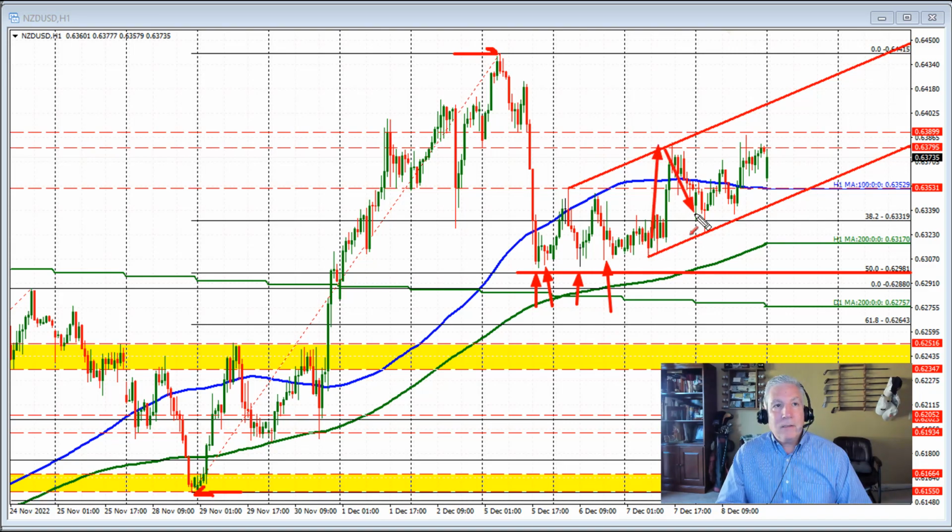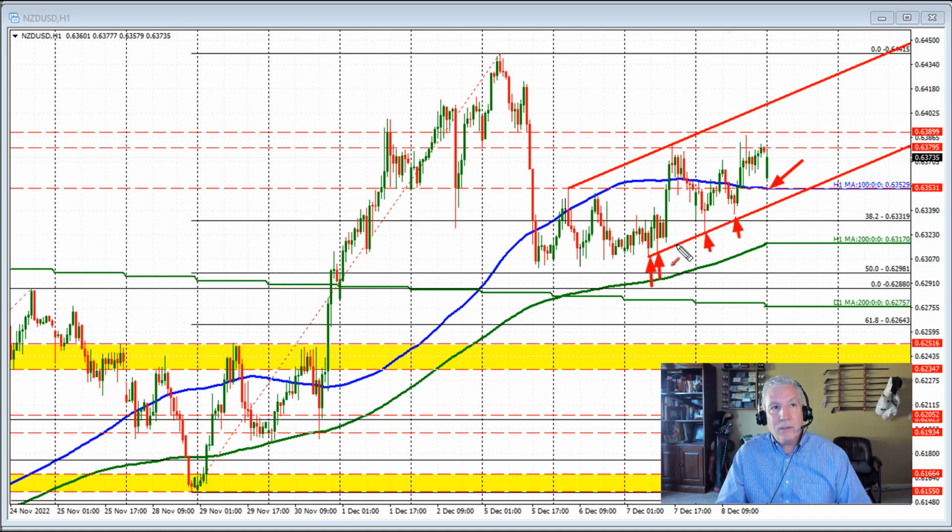Admittedly, seeing some choppy moves to the upside, but what gives the pair a little bit more of a bullish bias is the move above the 100-hour moving average, and that's what we're going to be watching on the new trading day. If the price can stay above that 100-hour moving average, things would be okay. If it moves below that level, then we're going to come and test this trend line here, which has a few little spots along it.